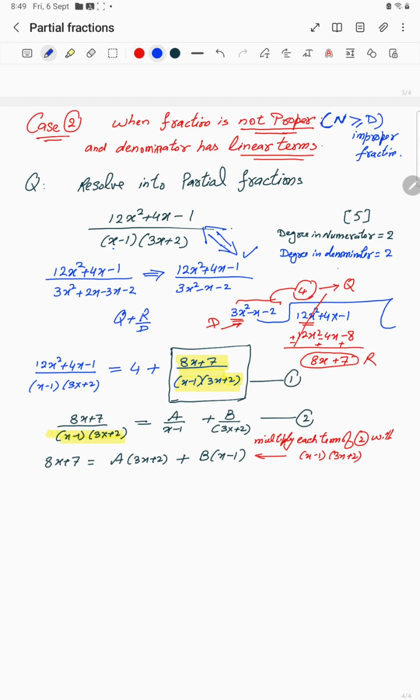Now what to do? As I told you, whenever you encounter linear terms in the denominator, put them one by one equal to 0. Put x minus 1 equal to 0, that implies x is equal to 1. We need to put this in equation 3. 8 times 1 plus 7 equals A times 3 times 1 plus 2, and B will be 0, because 1 minus 1 is 0.